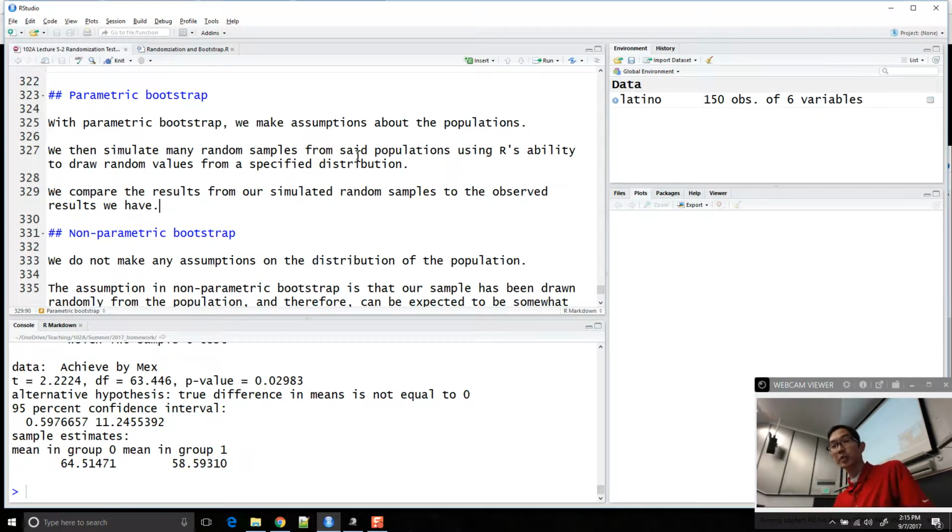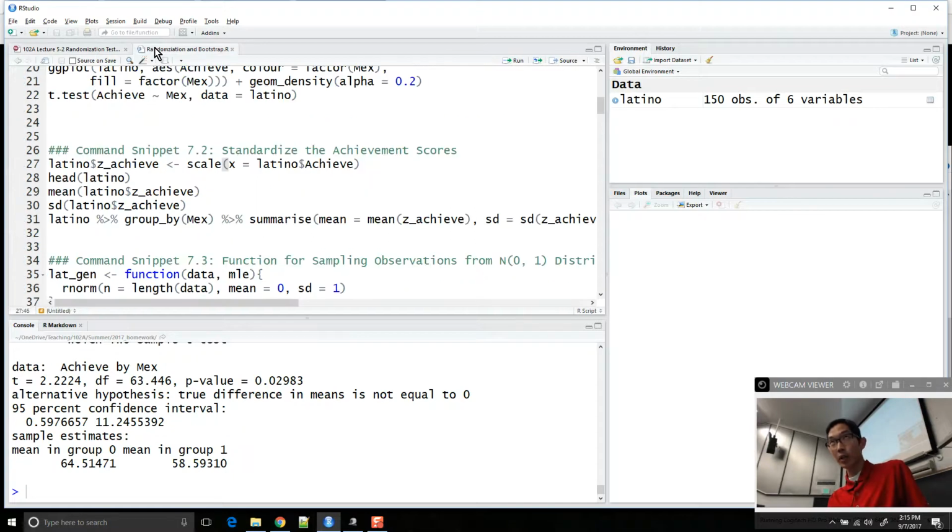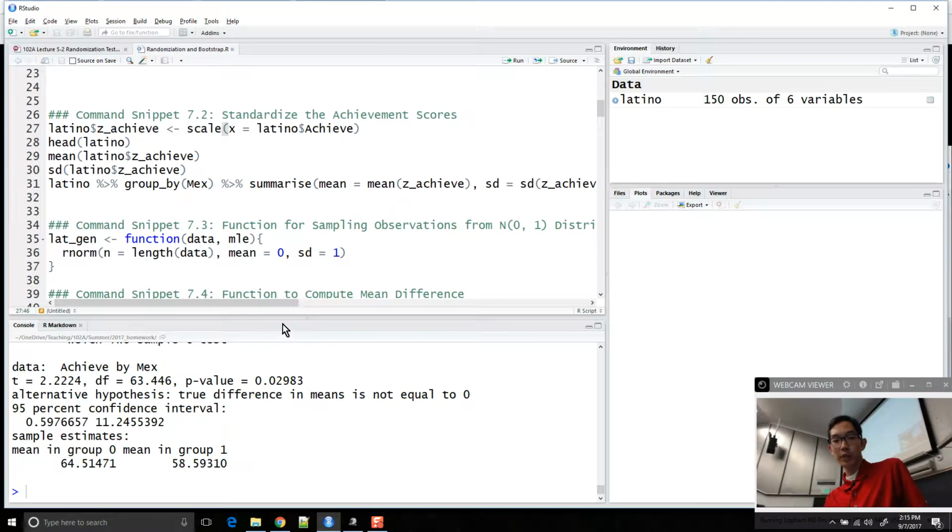In this case, probably that the population looks like a normal distribution. And then we're going to draw random values from that distribution, and compare the simulated results to the results that we have.